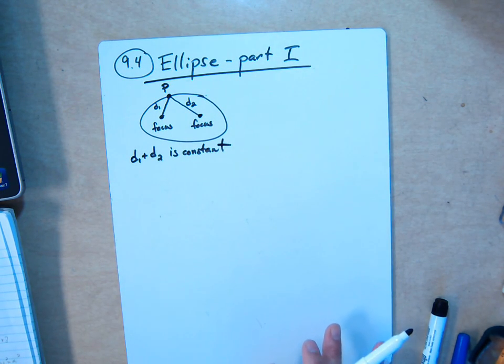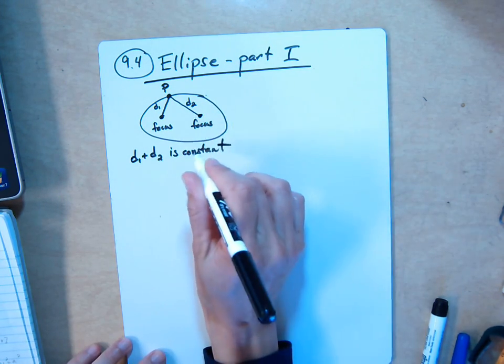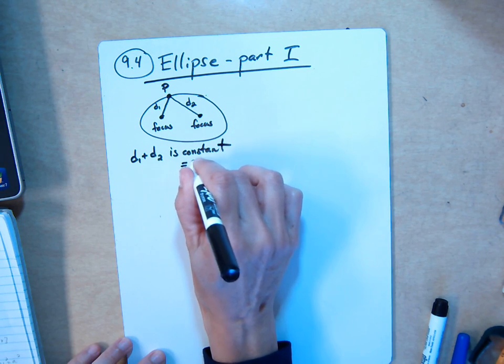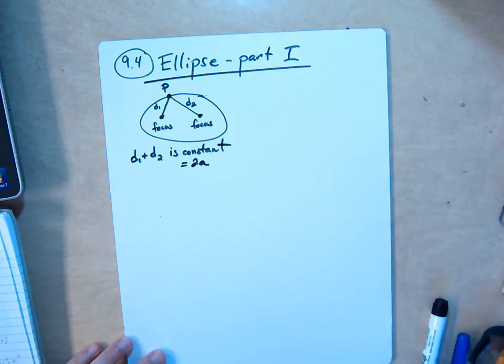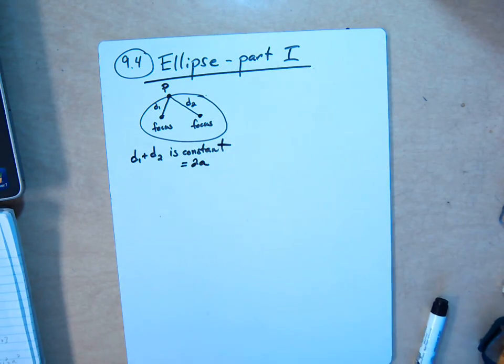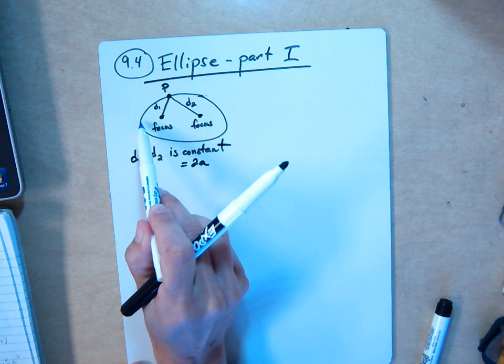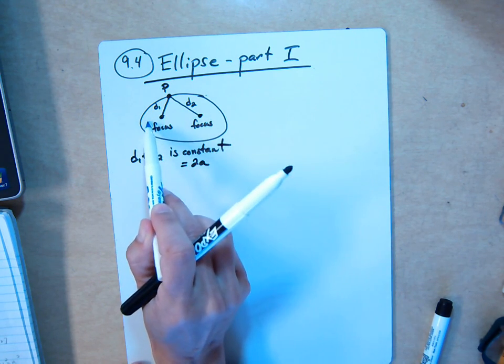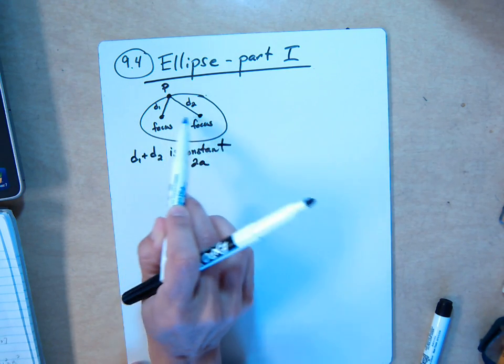So D1 and D2 is constant, and even cooler is that the sum of these two equals the distance all the way across. You can kind of picture, if I drag this point over here, can you see that D1 plus D2 would equal the length all the way across?